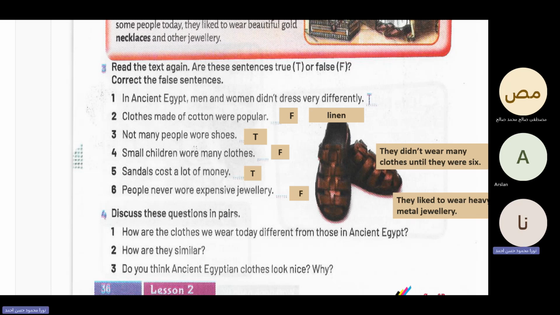At home, I want you to think, how are the clothes we wear today in our present time different from those in ancient Egypt? First, think how they are different. Second, how are they similar? And number three, do you think ancient Egyptian clothes look nice? If you think they look nice, why?